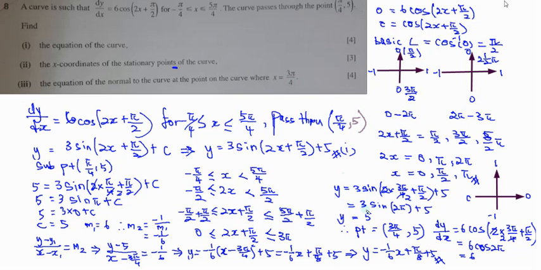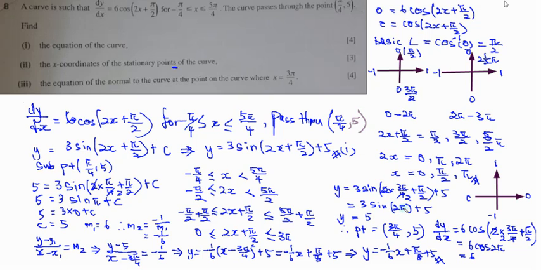So the first thing you have to do is substitute x equal to 3 pi over 4. Taking the y function, you substitute x equal to 3 pi over 4, you simplify everything, you get sine 2 pi.